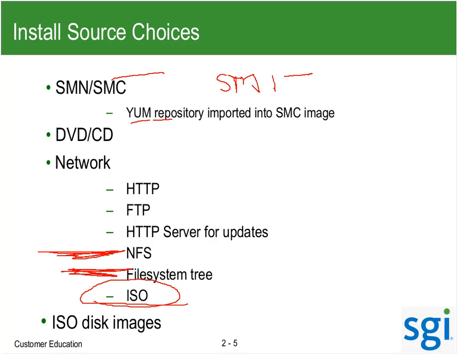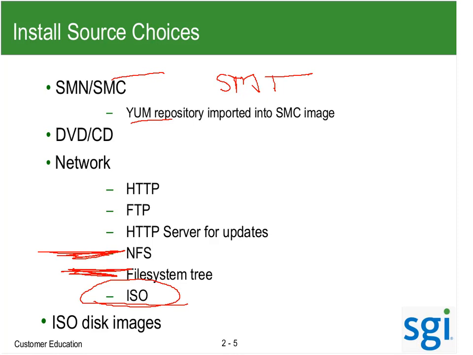So basically, we download the repository from Novell with SMT mirror credentials, put that SMT repository under YUM control with Createrepo, and then with the Management Center, use that repository as our payload to build our images from. And then when we're building UVs, the UVs should be pointing to that YUM repository that's on the SMN. But we're not doing it that way in this class.